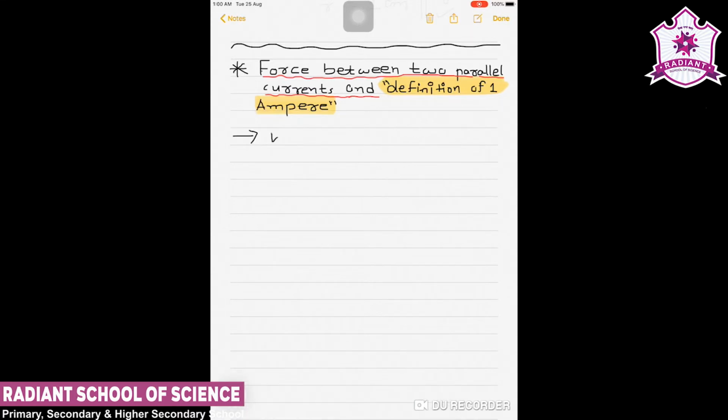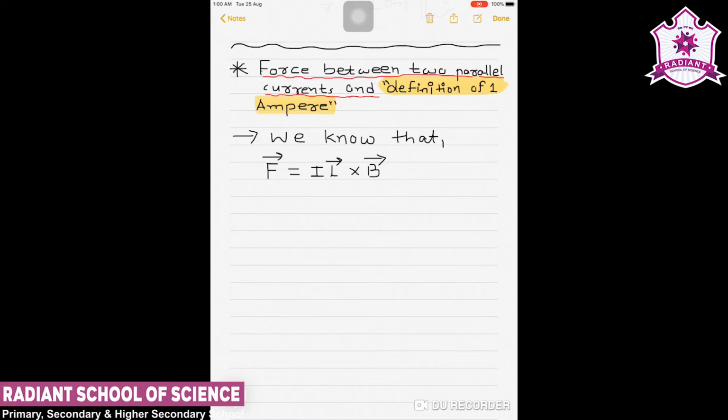We know that force is equal to I L cross B. Now this is the equation of magnetic force, and it is given by the condition when current I is passing through the wire.